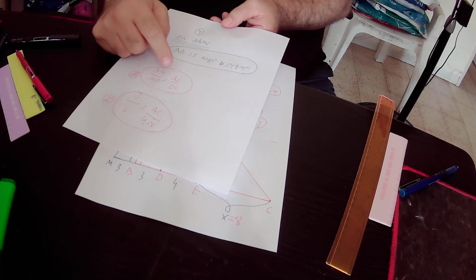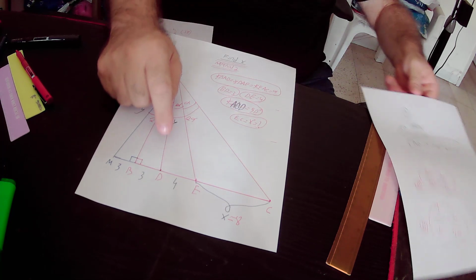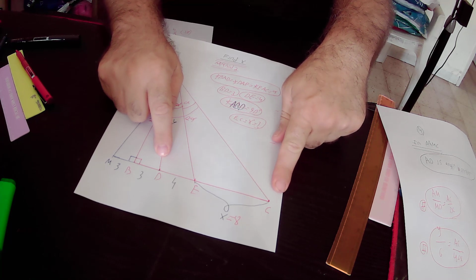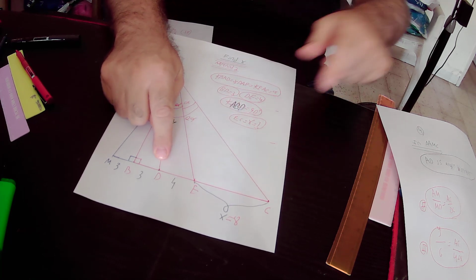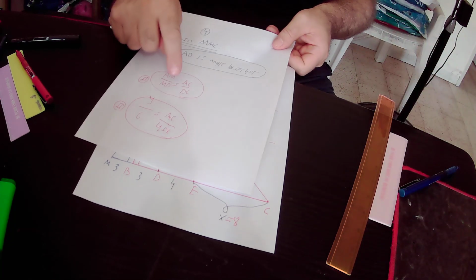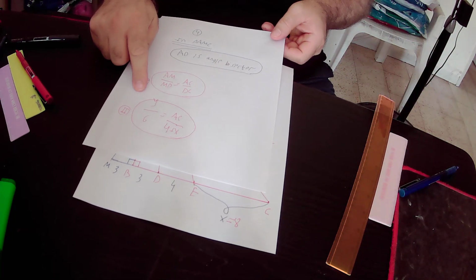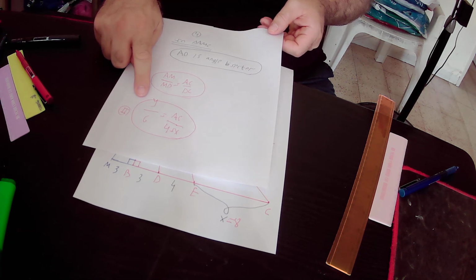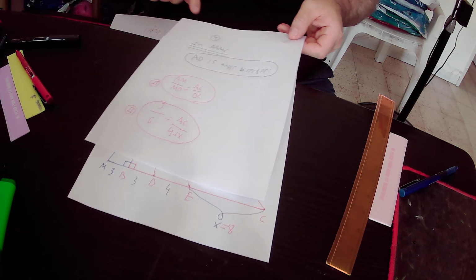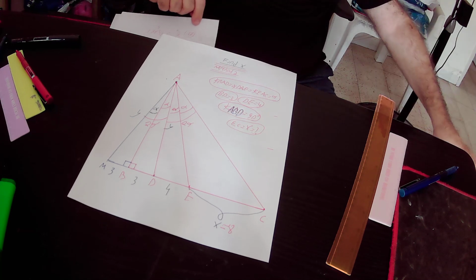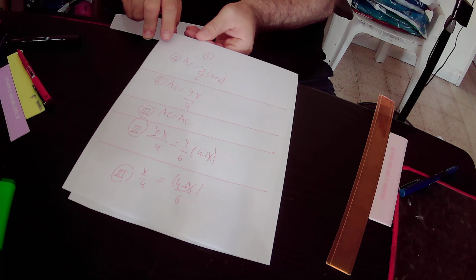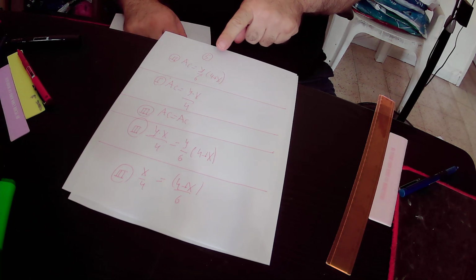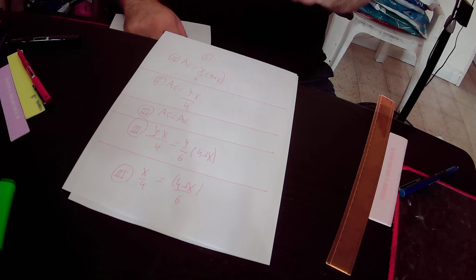AC is AC, and DC equals 4 plus X. We substituted DC by 4 plus X and got this equality. We multiplied equation number 2 by 4 plus X, and we got that AC equals Y over 6 times 4 plus X.